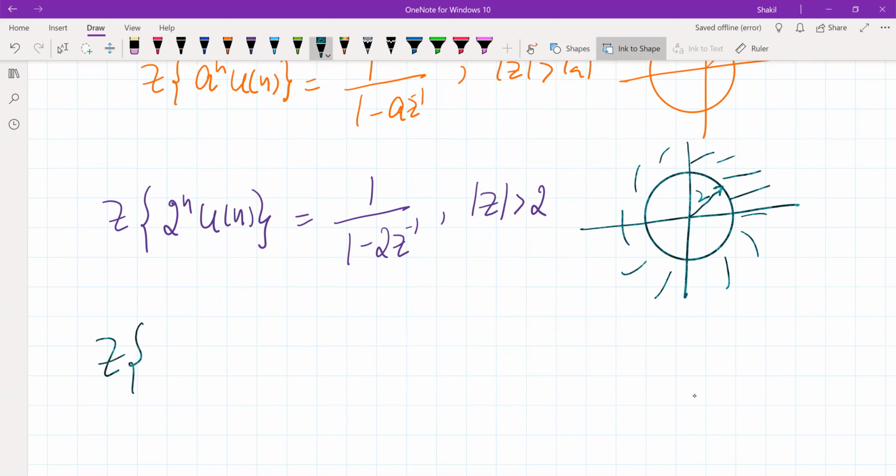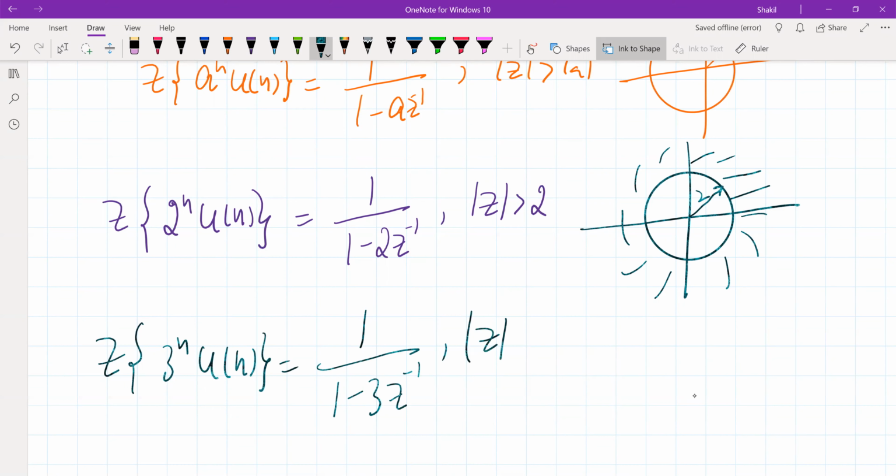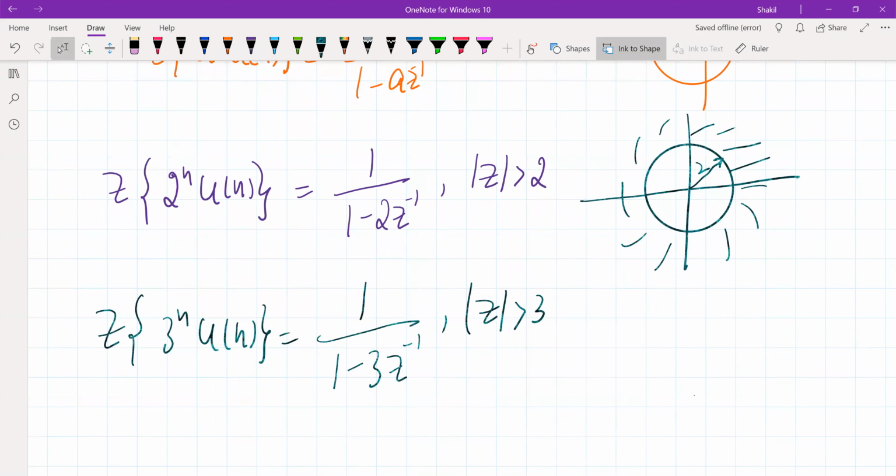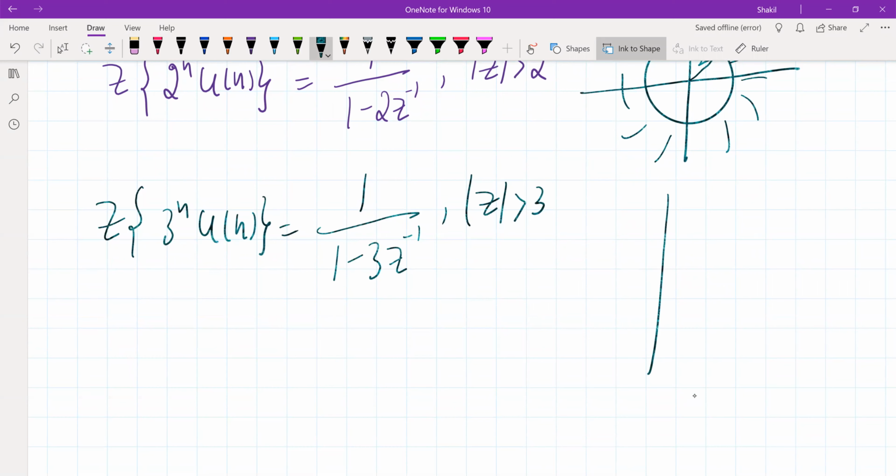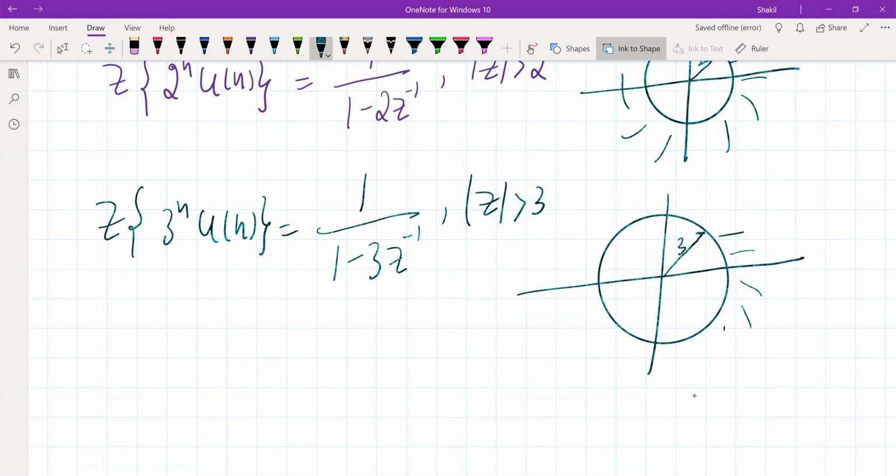Same way, Z transform of 3 raised to power n u of n can be written as 1 by 1 minus 3 Z inverse if magnitude of Z is greater than 3. In other words, the region of convergence is outside the circle whose radius is 3. Alright. So this is the Z transform.